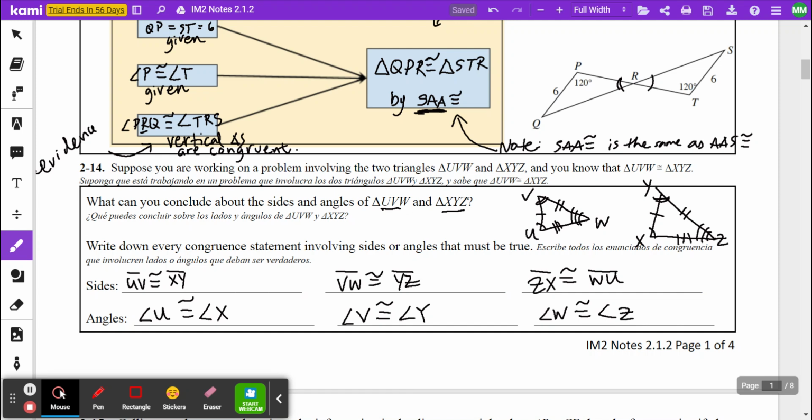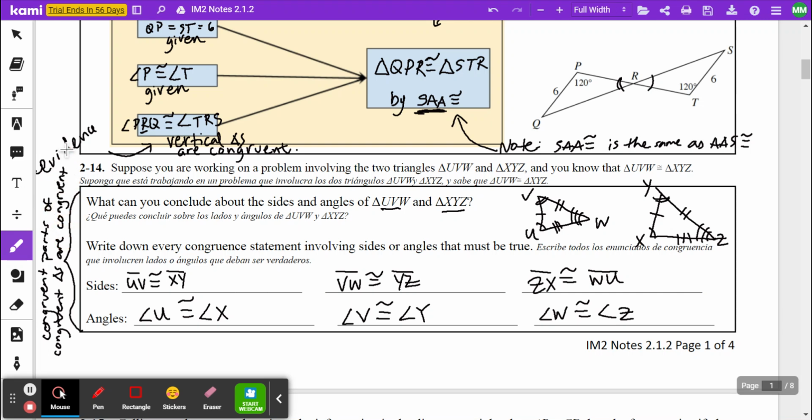All right. This problem is really, really important. This is going to get us to something called congruent parts of congruent triangles are congruent.